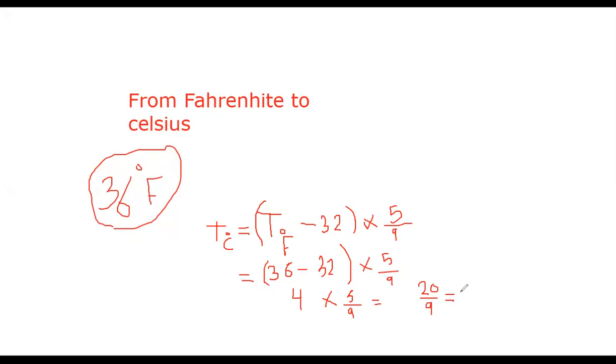Let's write it well. Who got it on the calculator? 20 over 9 comes out to how much? 2.2 degrees Celsius. Sure, you could write it as a mixed fraction too. Yes, 2.2, but as a mixed fraction it would be 2 and 2 over 9.